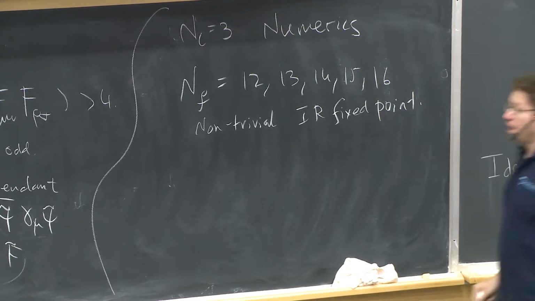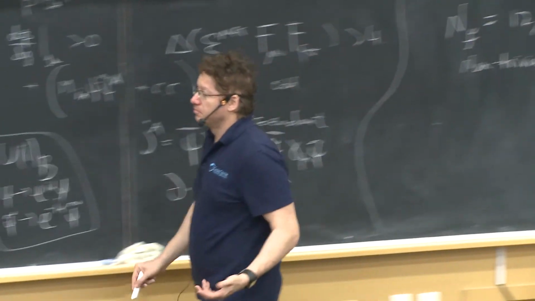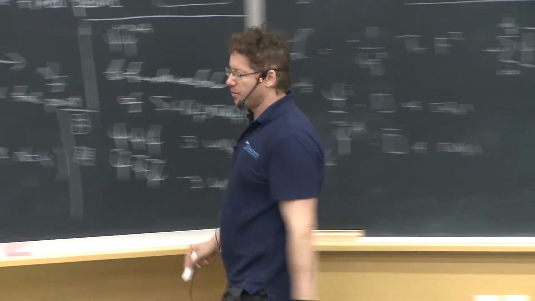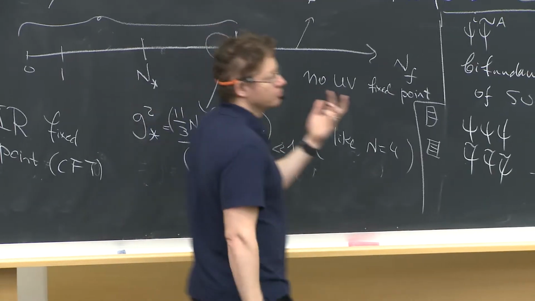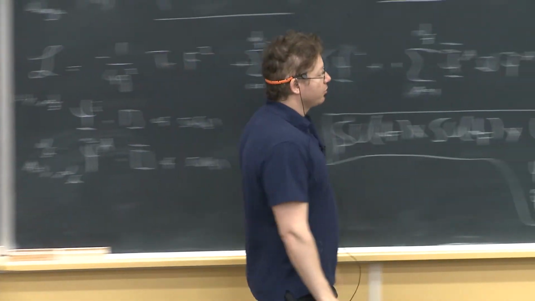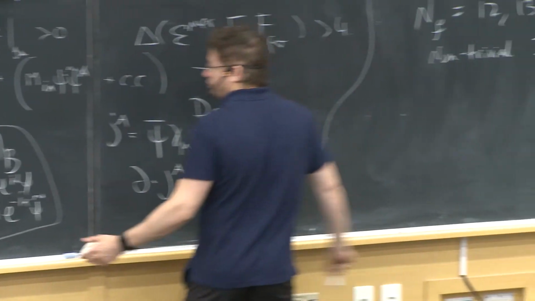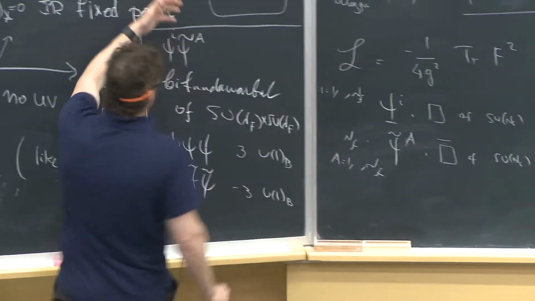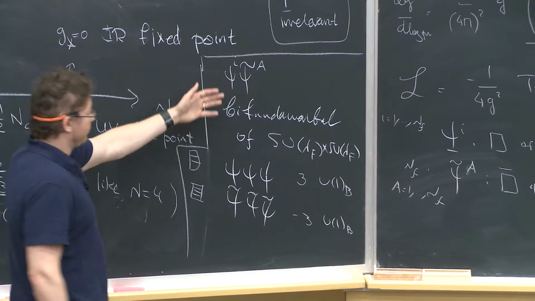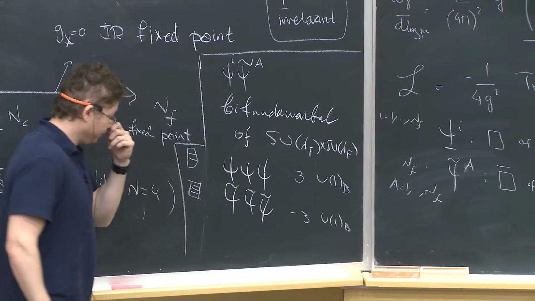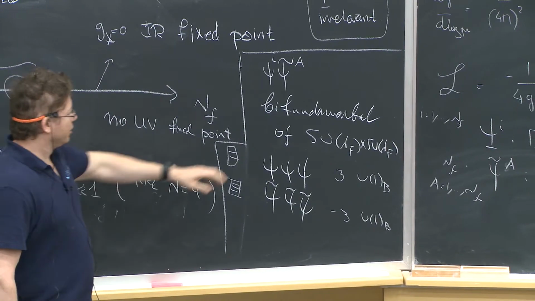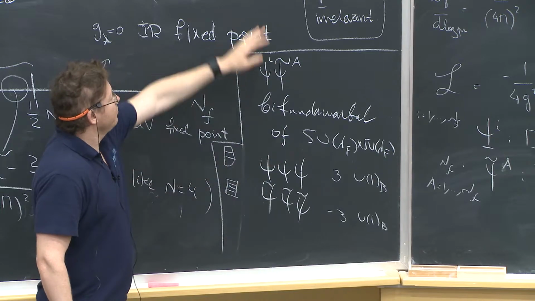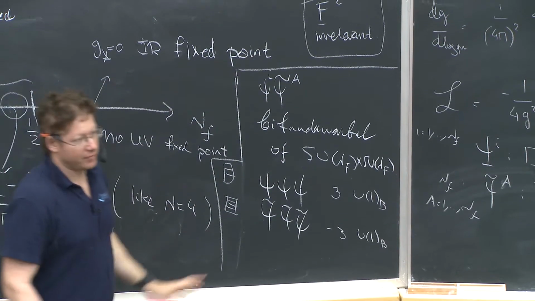So N star for N_c equals 3 might be 11, might be 10, might be 9. We don't know. And that's one of the central questions for the Bootstrap, right? Because we know the symmetries. The symmetries depend on N star in a very important way. It's like SU(N_f) times SU(N_f). The representations are more or less always the same, and these operators are always expected to be irrelevant.